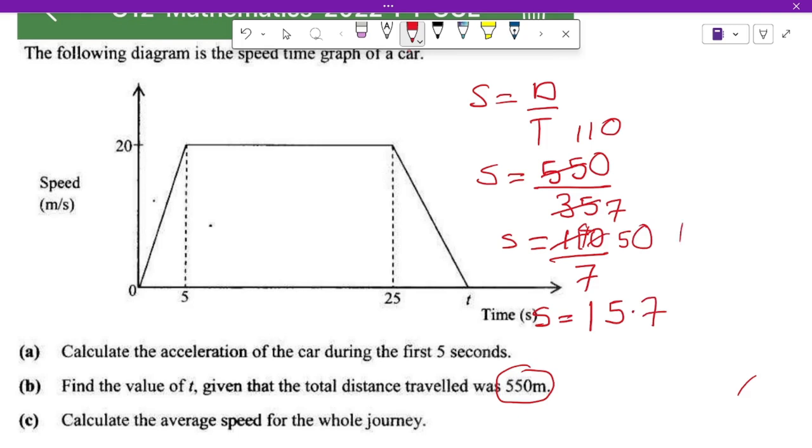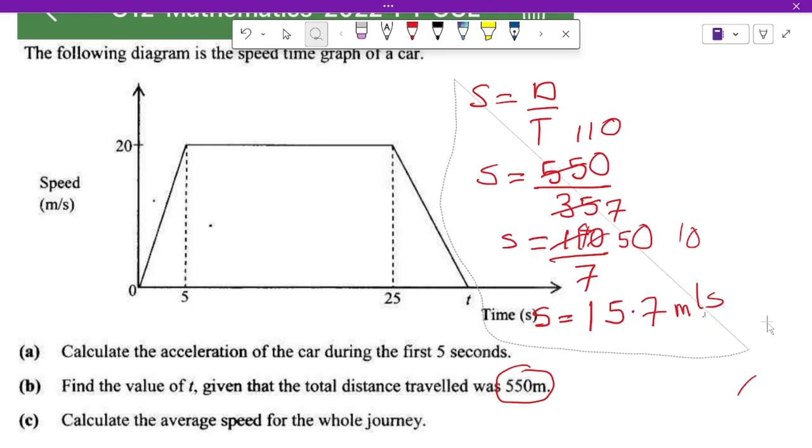Remainder 1. You add a 0 again to just give you ones. 15.71111, like that. So we can leave it here at 15.7. What is this? It is speed, so it's going to be in meters per second. And you are done. So now here comes the proof.